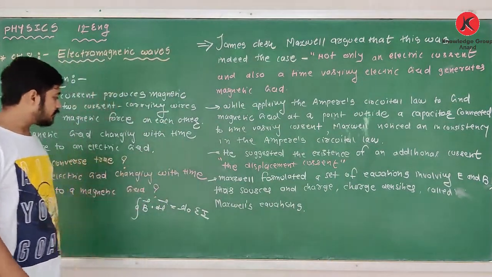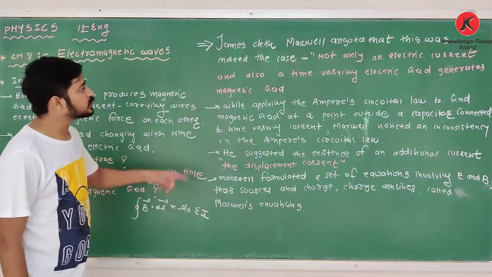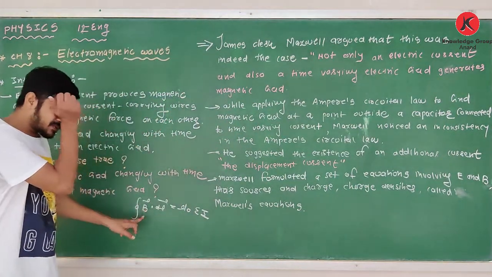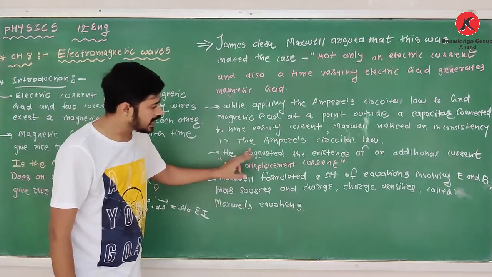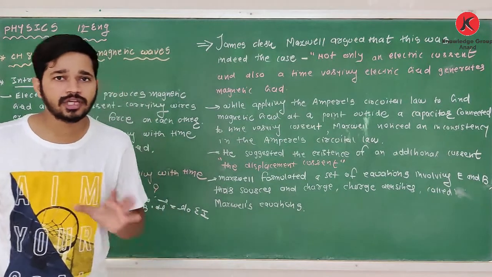So what is the question? Does an electric field changing with time give rise to a magnetic field? Maxwell suggested yes, and that missing term in Ampere's circuital law was termed displacement current. Now we will see what displacement current actually is.